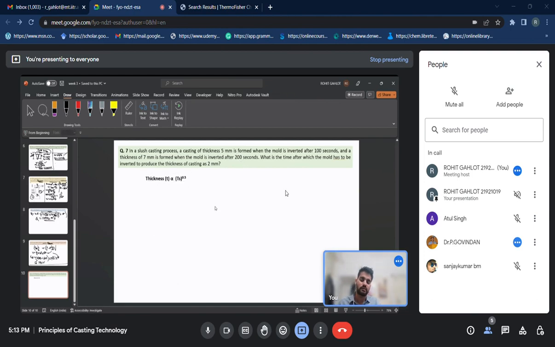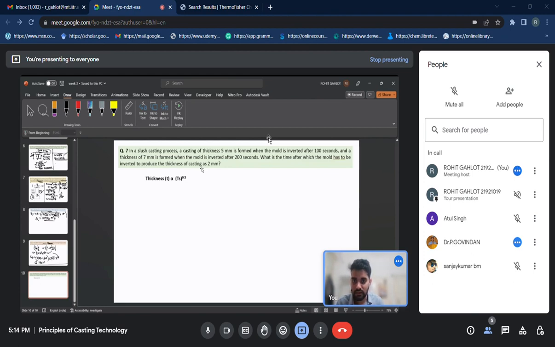Slush casting is generally used for making thin coatings, hollow thin castings, hollow statues, toys, decorative items, etc. So you only need to make two empirical equations: if you remove the proportionality constant, thickness T1 is C1 times Ts to the power 0.5 plus C2, and the same for T2.